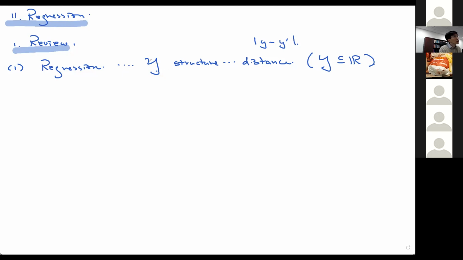And then in the regression problem, the risk, or error, really tells us what we are looking for. Consider this structure.